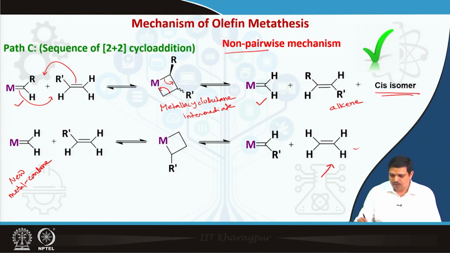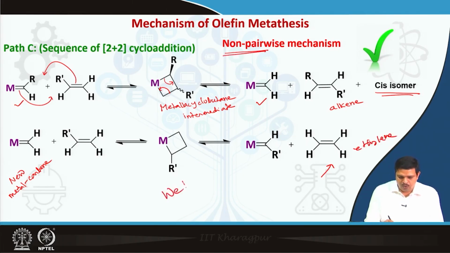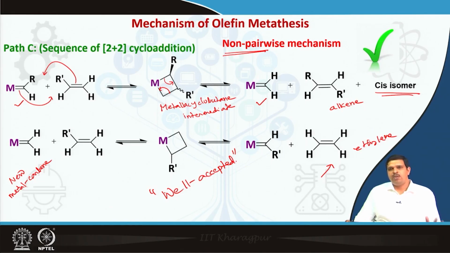So this non-pairwise mechanism is the most well accepted mechanism, and it is believed that alkene metathesis reactions proceed through the non-pairwise mechanism, that is, through a metallocyclobutane intermediate.